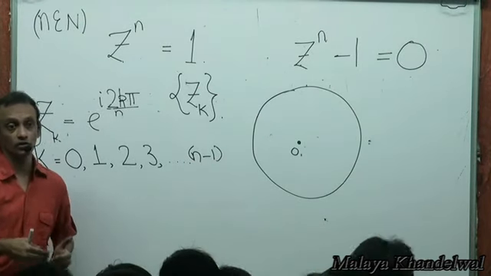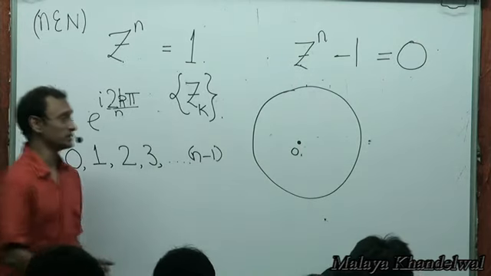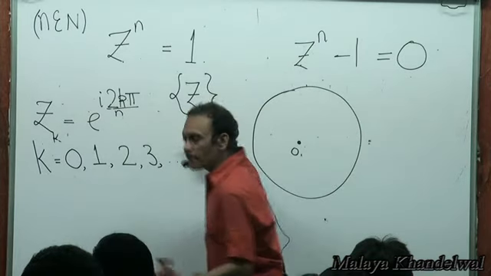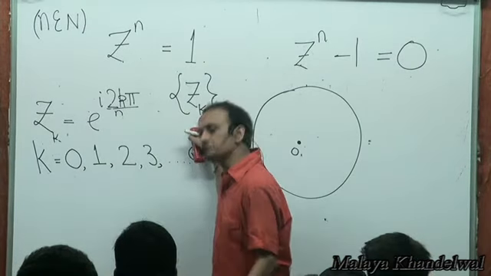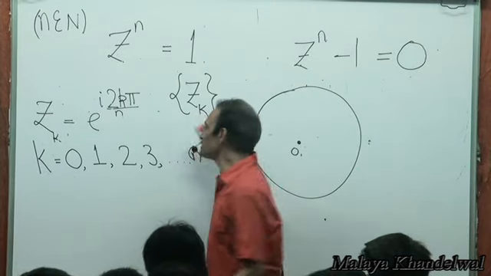Clear? k equal to 0, z0, z1, z2, zn minus 1 is a sequence. Now, if I take two consecutive values of k, then I get consecutive members of the sequence.